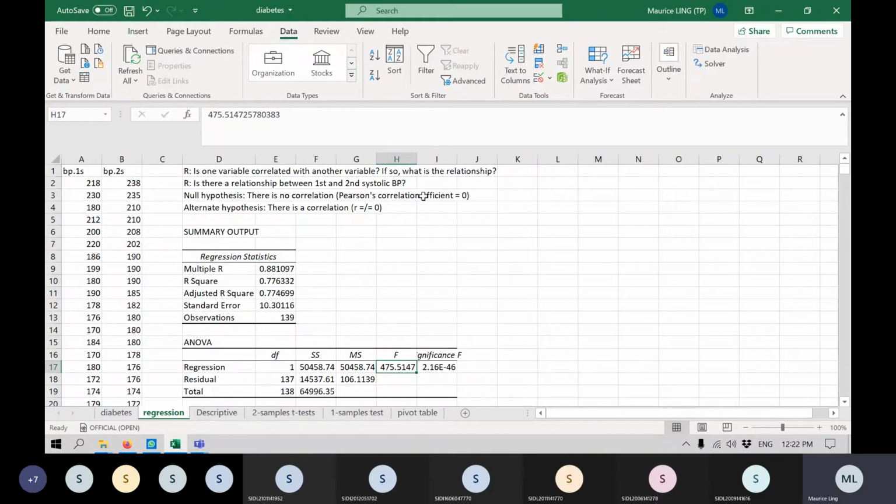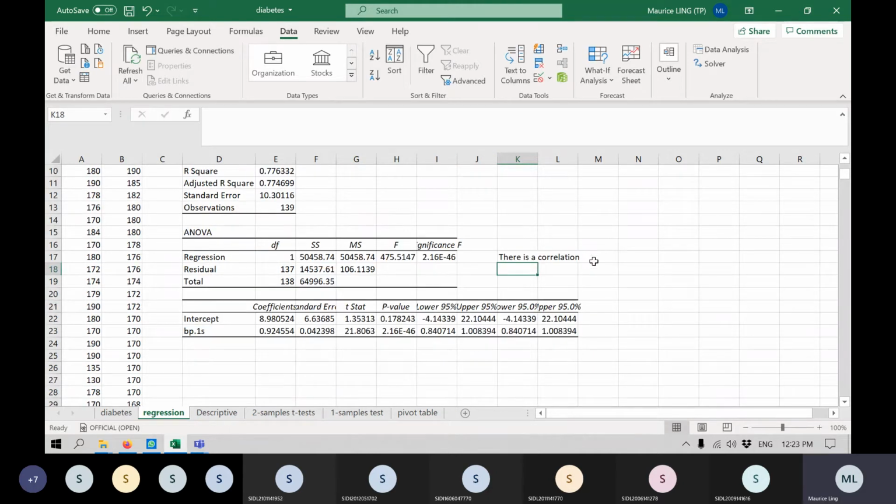The likelihood that there's no correlation and getting this result is 2 times 10 to the power of minus 46, so there's a very low probability. Based on this, we say that there is a correlation. Basically, we reject the null hypothesis.